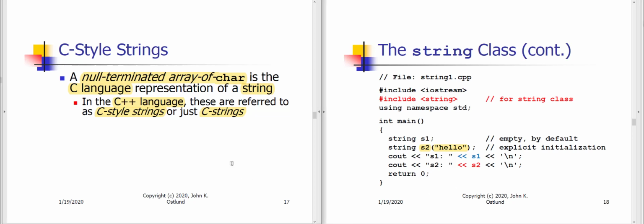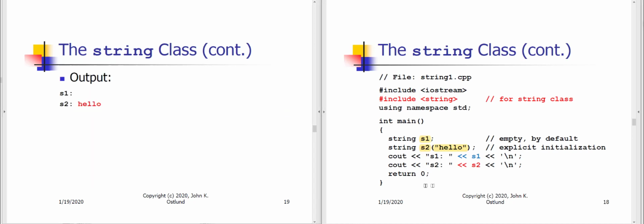When I run this program, s1 has not been explicitly initialized, but it is properly empty. And so when I display the contents of s1 in this cout statement, I get no output. That is, I get the string s1 colon space. Okay, here is a C string, s1 colon space, and in memory, of course, there's also a null character stored.